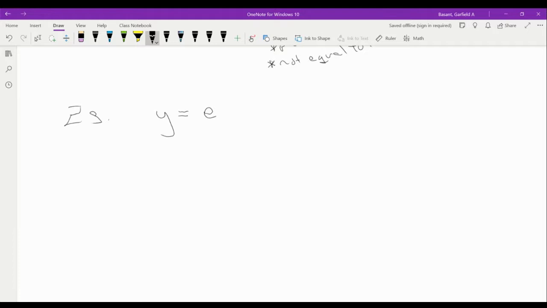What number is e? 10? No. You're on the right track. It's not 10 though. 10 is log base, just regular logs, when the base is 10. This is a natural log when we have e.